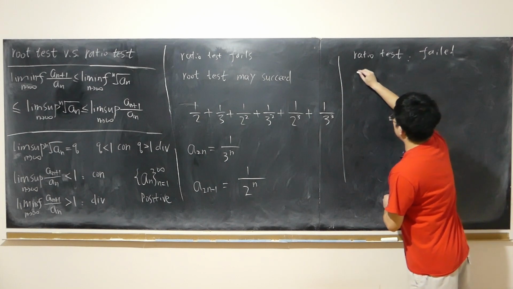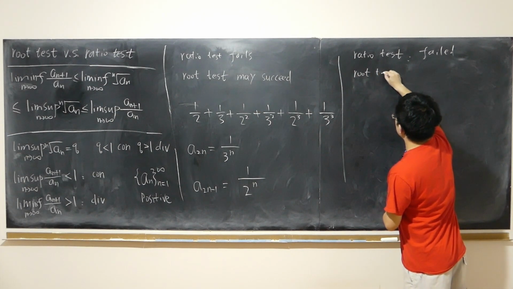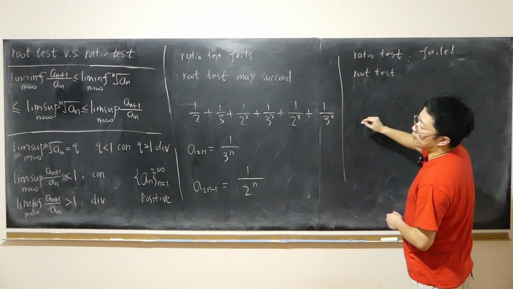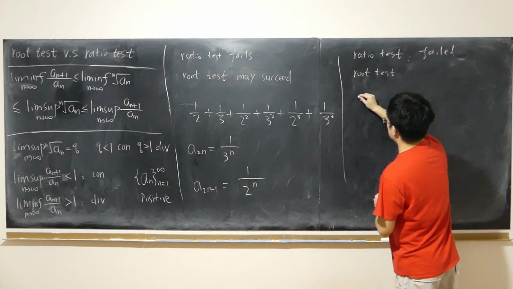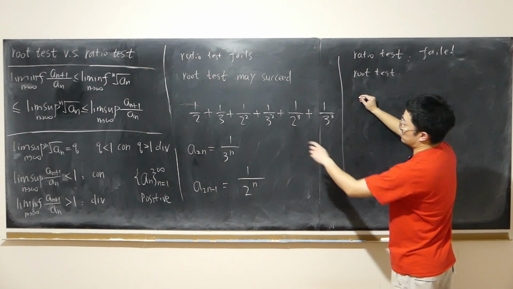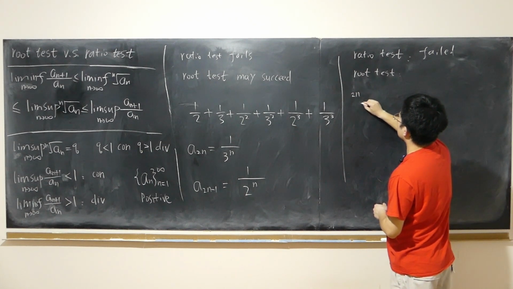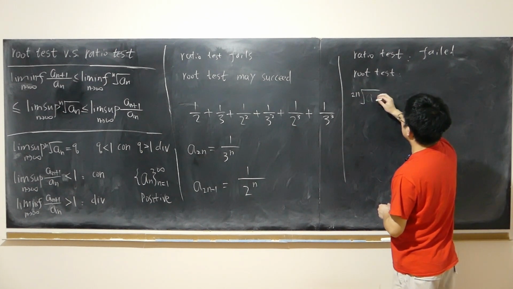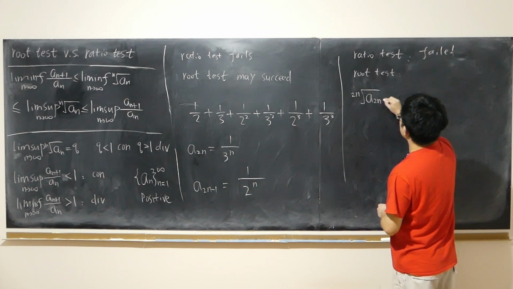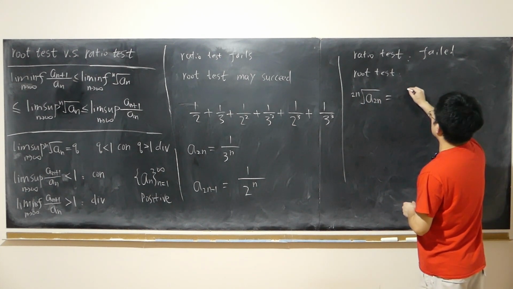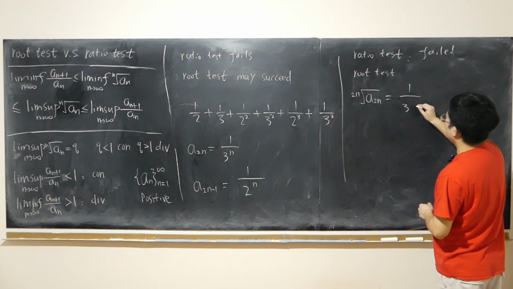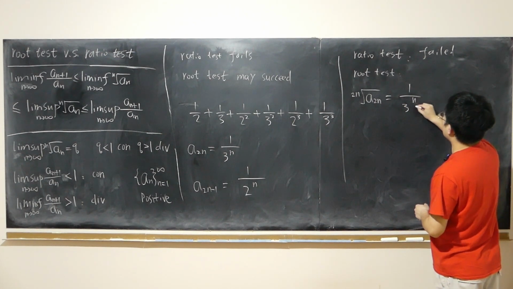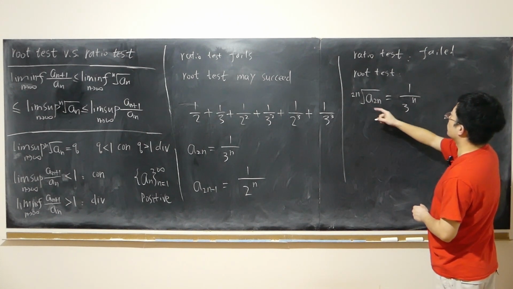So let me use the root test. It may succeed or not. Let's find out. Using the nth root, but this time I'm using 2n. So the 2nth root of a2n, that is 1 over 3 to the power of n, then to the power of 1 over 2n.